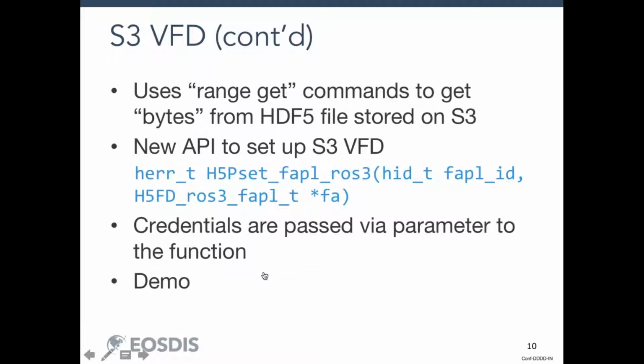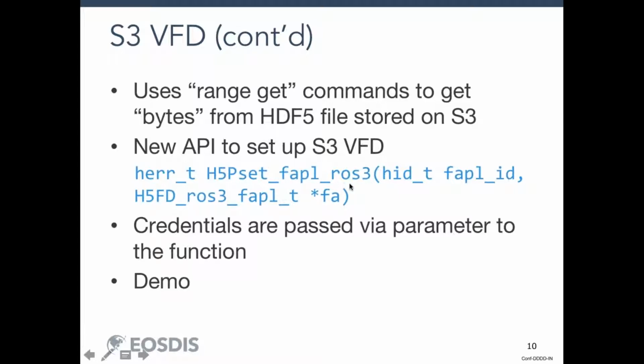I kind of talked to this slide already. Tools were modified so that now they understand there is a new driver, and you can specify with the option read-only S3 where to find your file, and then the tool works exactly the same way as if you were accessing a file on the local system.